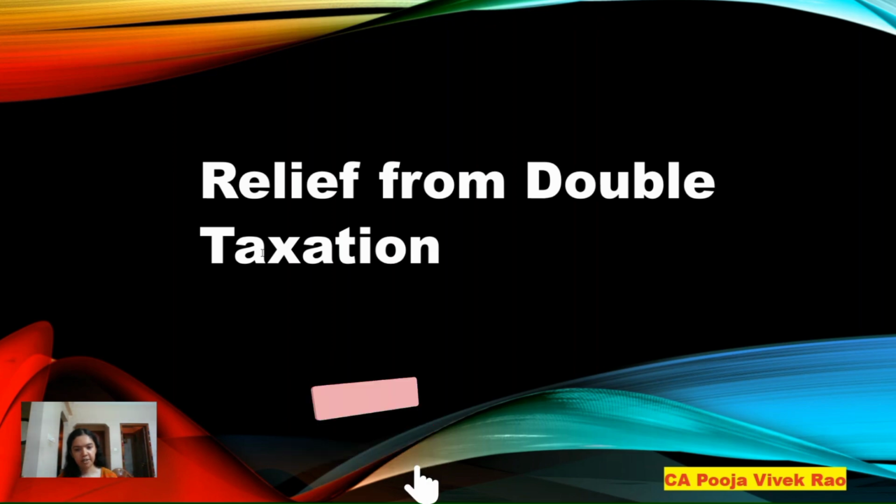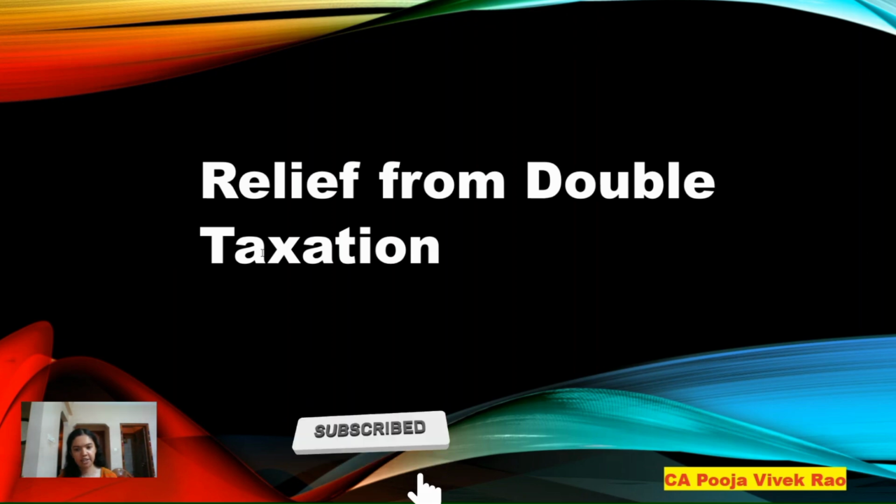The relief can be claimed either as per the provisions of the double taxation avoidance agreement entered into by the government of India with the country to which the foreign company belongs, or as relief under section 91 in case no such agreement exists. This means that the taxpayer doesn't have to pay tax on the same income twice.